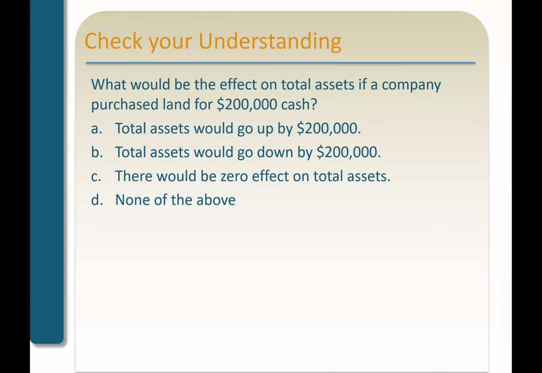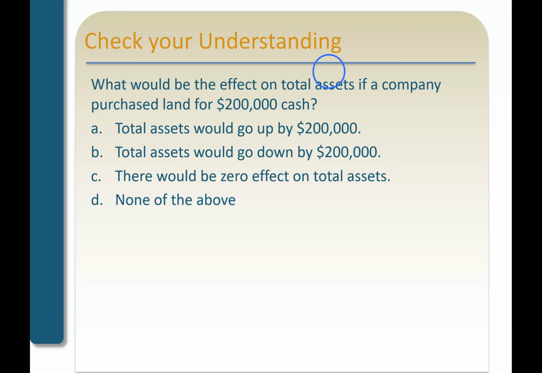Your assets would be affected, right? So if cash goes down 200,000, land goes up 200,000. Is land an asset? Isn't it a resource? Right. Is cash a resource? Yes. So there would be zero effect.